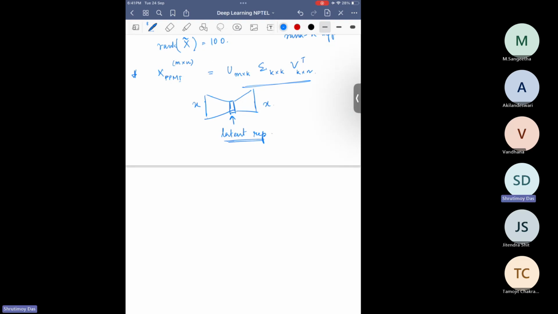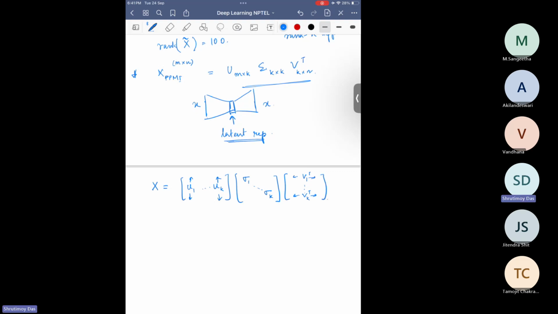So how do we get that? Again, let us look at the form of SVD. We have X, which is U1 to UK, sigma 1 to sigma K, and V1 to VK.